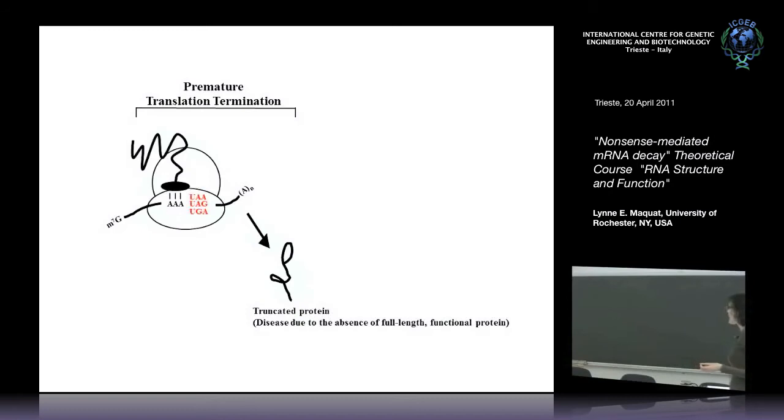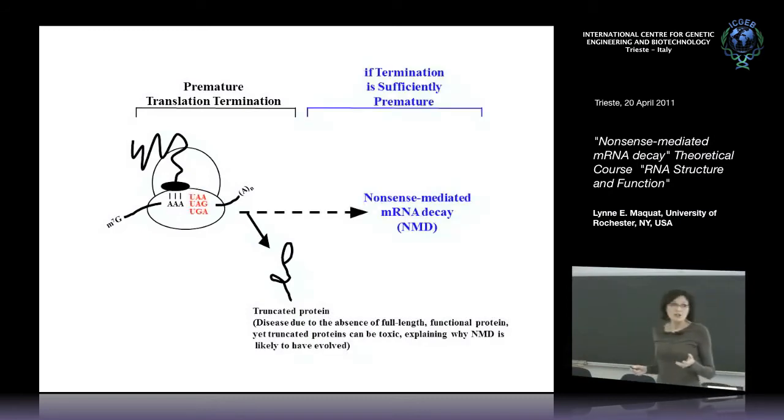We also found that when translation terminates sufficiently prematurely, then there will be NMD. And this is important because even though the disease is due to the lack of full-length functional protein, the presence of truncated proteins from mRNAs that prematurely terminate translation but escape NMD is bad for cells because the truncated proteins can be toxic to cells.